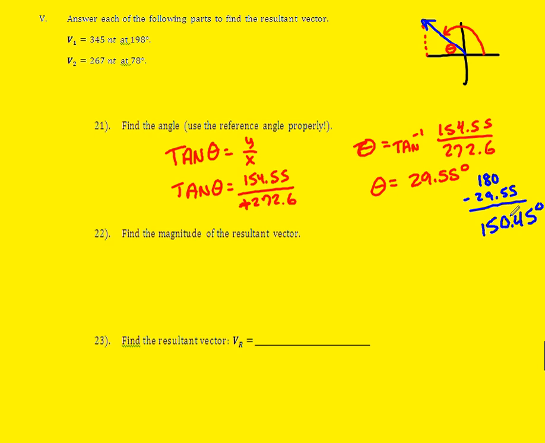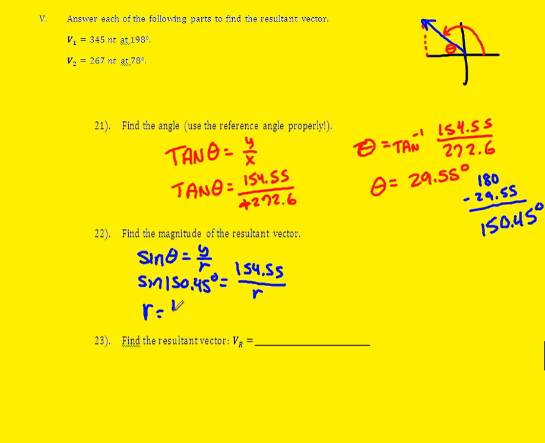Now, the last part, to find the magnitude of the resultant vector. We have two different options we can do. The first one is we can say that sine of theta is y over r. Well, I know what theta is, I just found it. So sine of 150.45 degrees is equal to y over r. Y is 154.55. R, I don't know. So that means that r, since it's on the bottom, is going to switch with the sine.